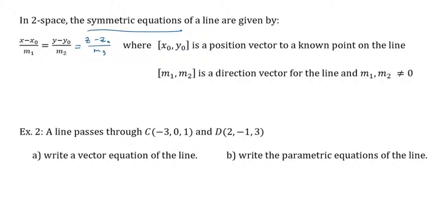Write the symmetric equations of the line. So remember, it's x minus x naught. So I can take this from vector form. So it's x minus -3, which is x plus 3 over 5.